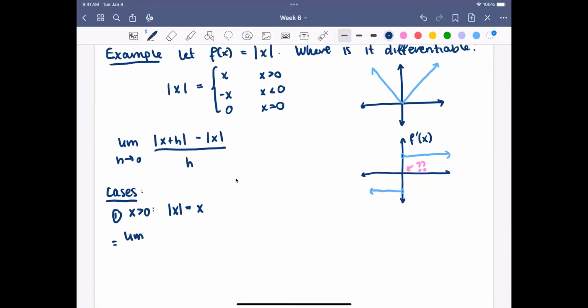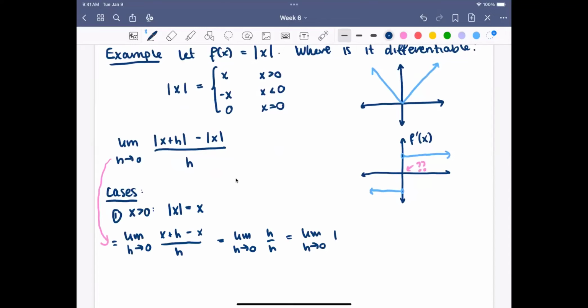So I can rewrite this limit. This is equal to the limit as h approaches 0 of x plus h minus x, divided by h. And then the x's cancel each other, so we get the limit as h approaches 0 of h over h, which is just the limit as h approaches 0 of 1.